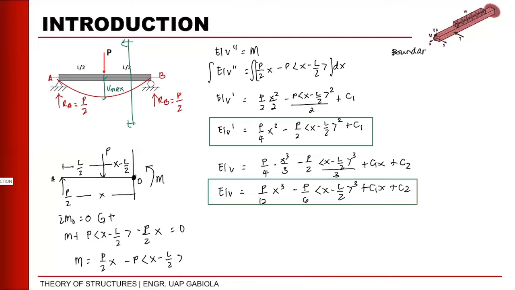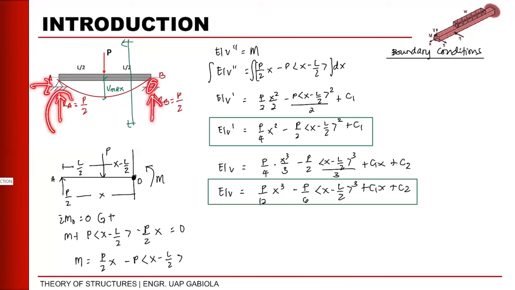The boundary conditions are dependent kay supports natin. So ibig sabihin, ano bang nangyayari dun sa mga support natin? Ano yung deflection sa support natin? So we have here a hinge and a roller. At alam natin na ang reaction ng hinge natin is vertical tsaka horizontal. Ang roller natin is vertical. So ano ibig sabihin?